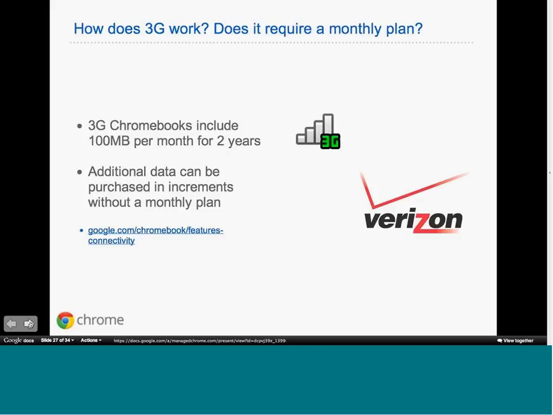The second question that we get asked a lot is around 3G and whether it requires a monthly plan. I mentioned Chromebooks include 100 megabytes per month for 2 years of data. That's a benefit provided by Verizon, but there's a lot of flexibility around 3G.